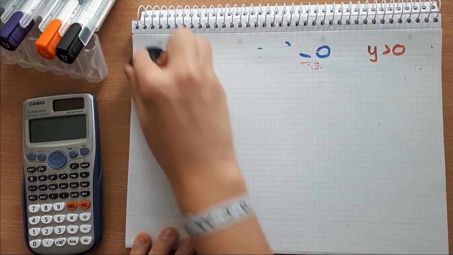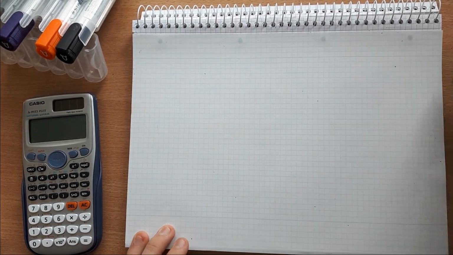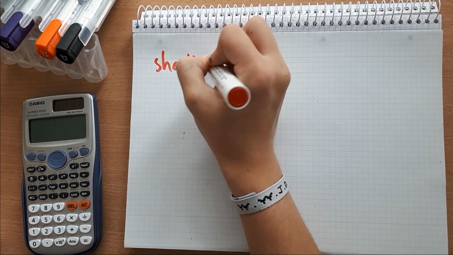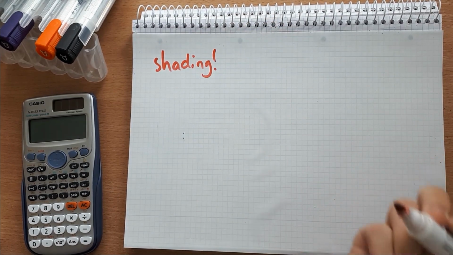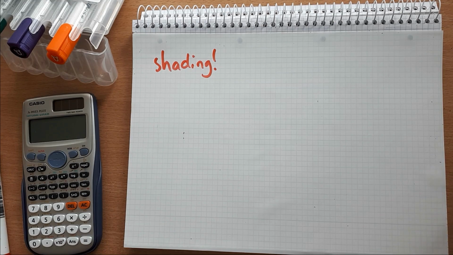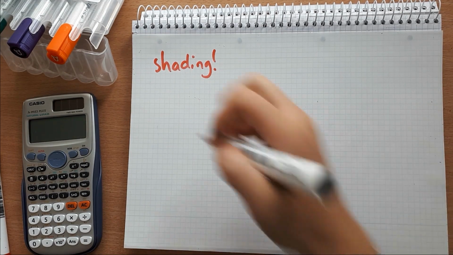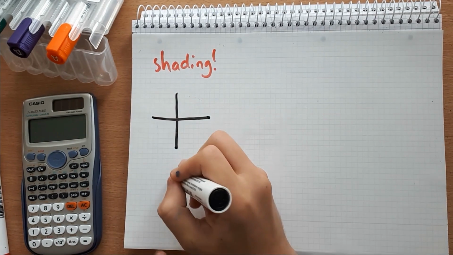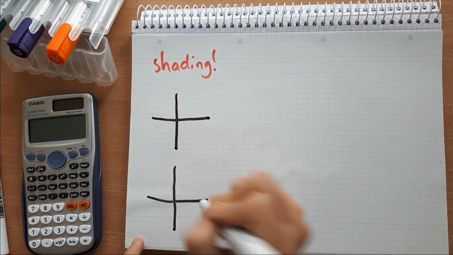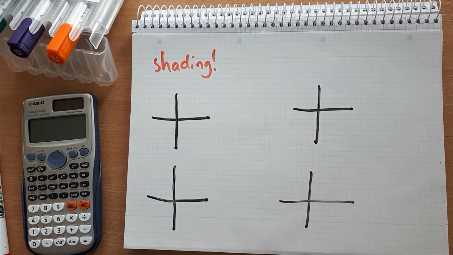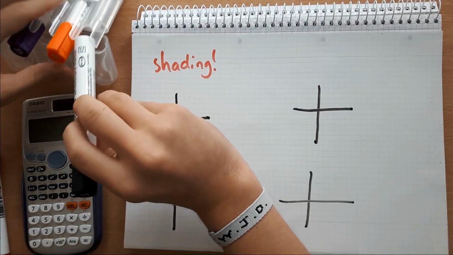However, the hard bit of quadratic inequalities is the shading. It's the hardest part. So what you can do, I don't recommend it, but what you can do is memorize the shading. I'm going to draw 4 axes here, representing just x and y axes.